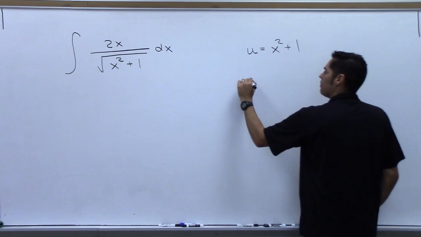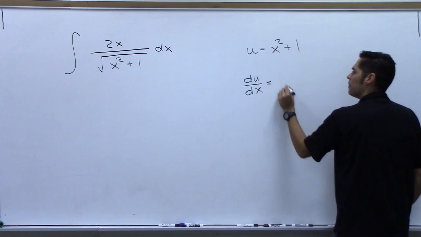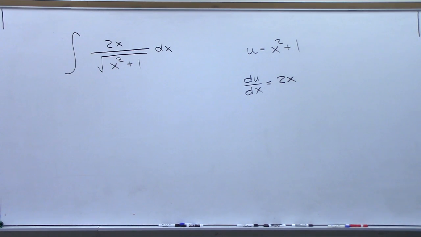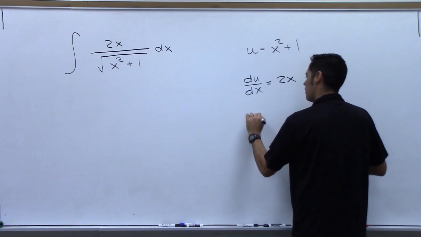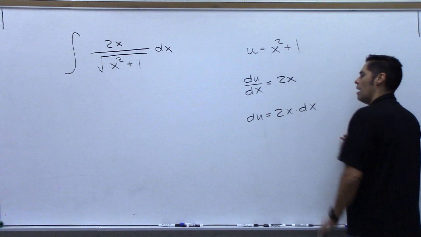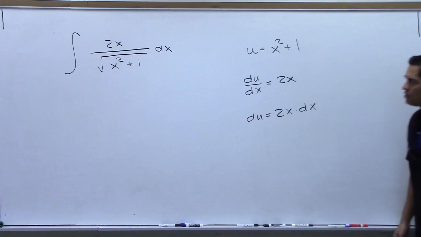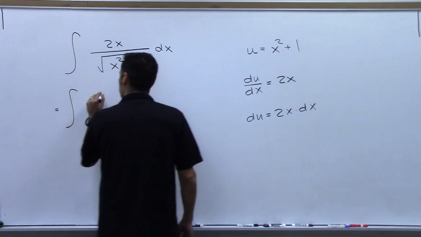Then I'm going to write du dx is 2x. I'm going to take dx and multiply on both sides. And then I'm going to play a matching game and see if I can make this work. So to do the matching game, I think what I'll do is rewrite this problem.